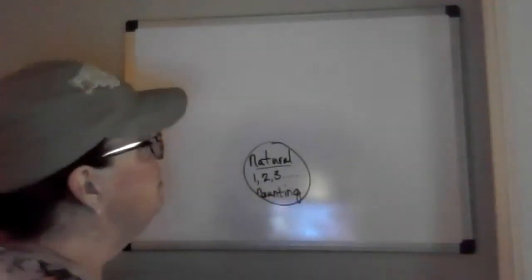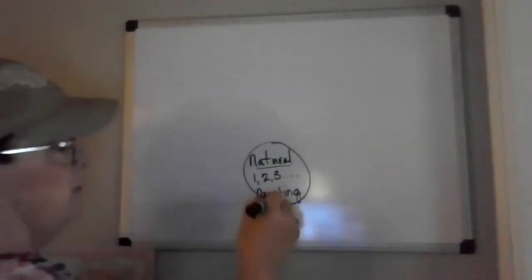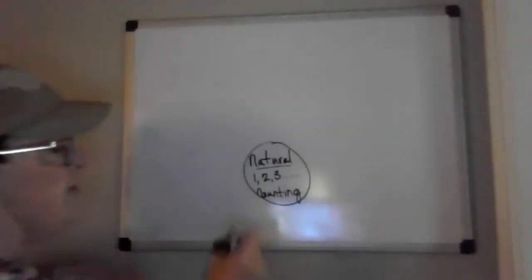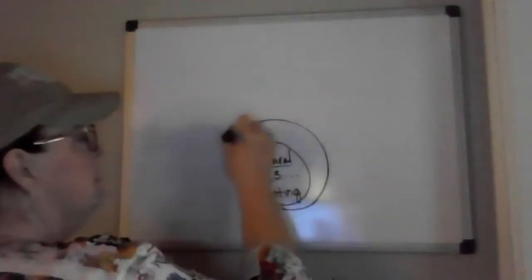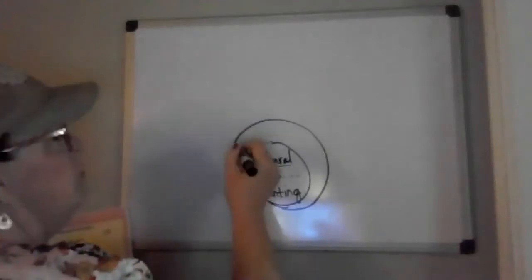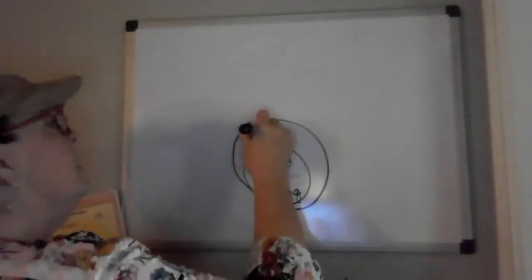Now, as you got older, your mom taught you sometimes when you're counting cookies that there might be no cookies. So you learn the value of 0, and these are your whole numbers.